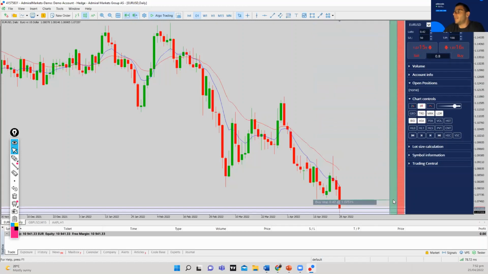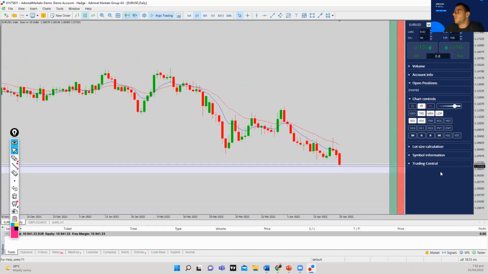If I'm buying above the current price, it's buy stop. If I want to buy below the current price, it's buy limit.